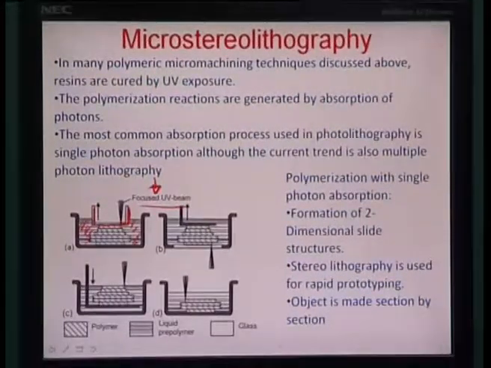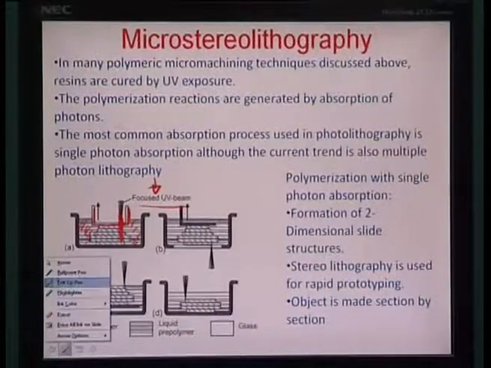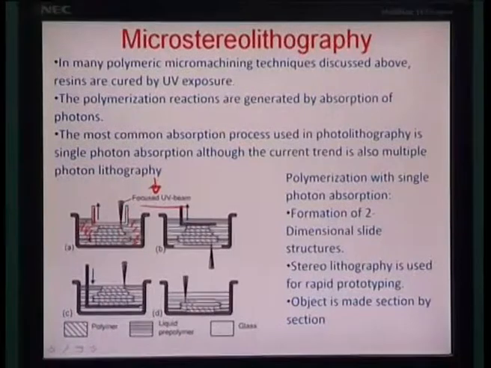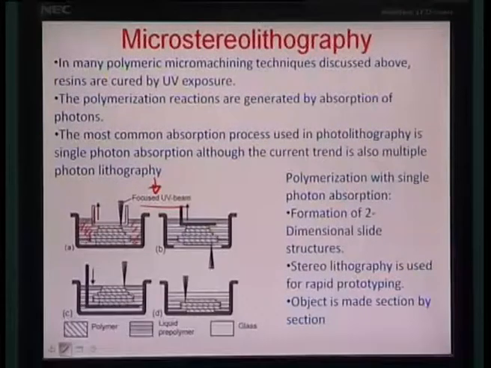In one instance it is focusing on this surface, in the next instance a little bit down, the next instance further down, and so on and so forth. So, the beam essentially is being focused at different regions of depths within the liquid resist.